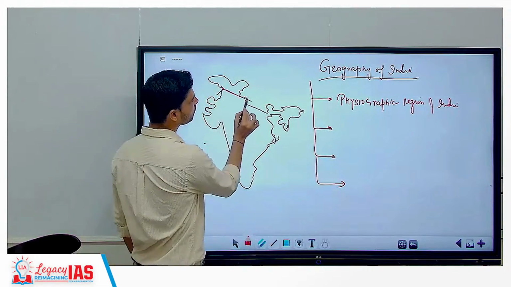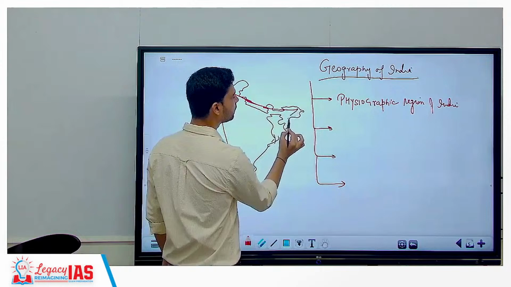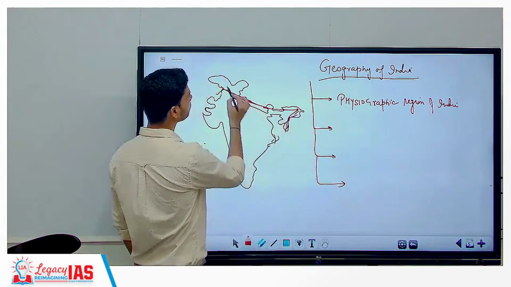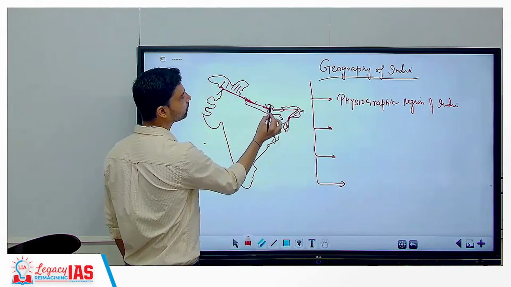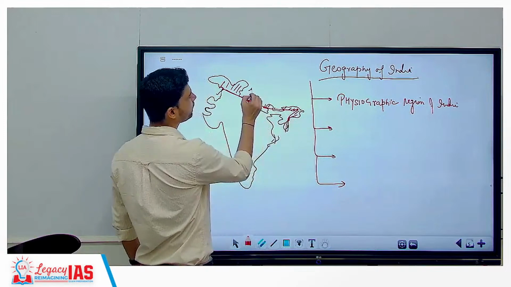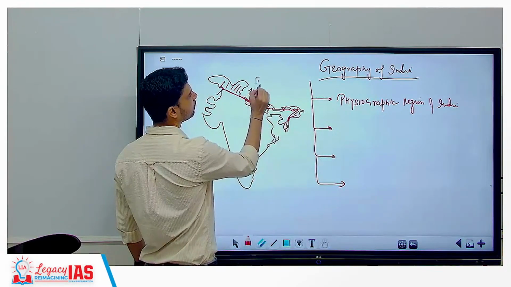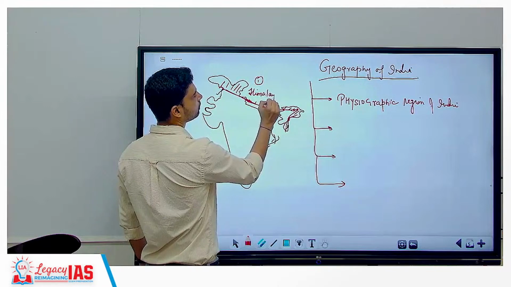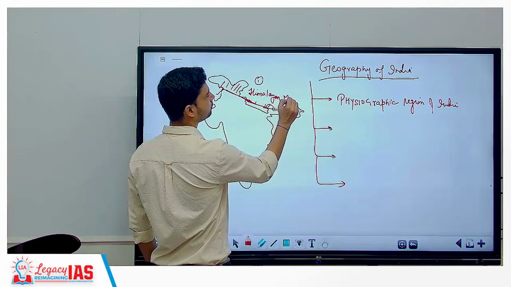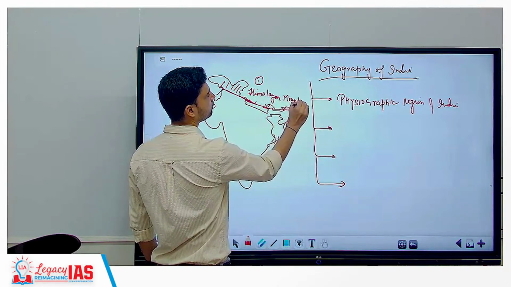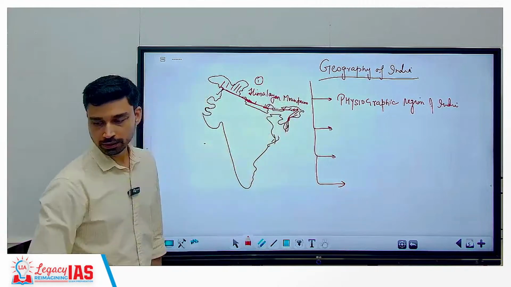Which is the northern part? What kind of landscape do we have in the northeastern part? Himalayas. Okay, so they are an example of what? Mountains. Okay, so that is the first one, Himalayan mountains.